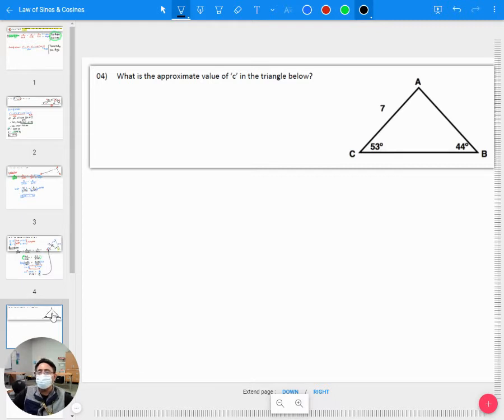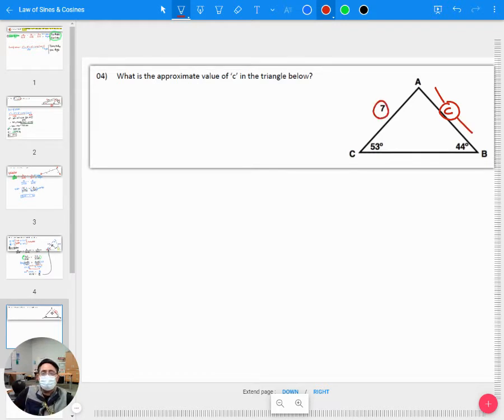So here C means the side opposite to angle C. Let me take C here. This is missing.